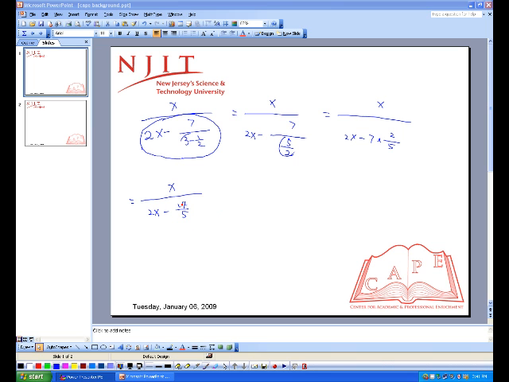Okay. Now, we're getting closer because we actually changed this into just 14 over 5, one expression. Now we just have to change 2x minus 14 over 5 into a single rational expression.